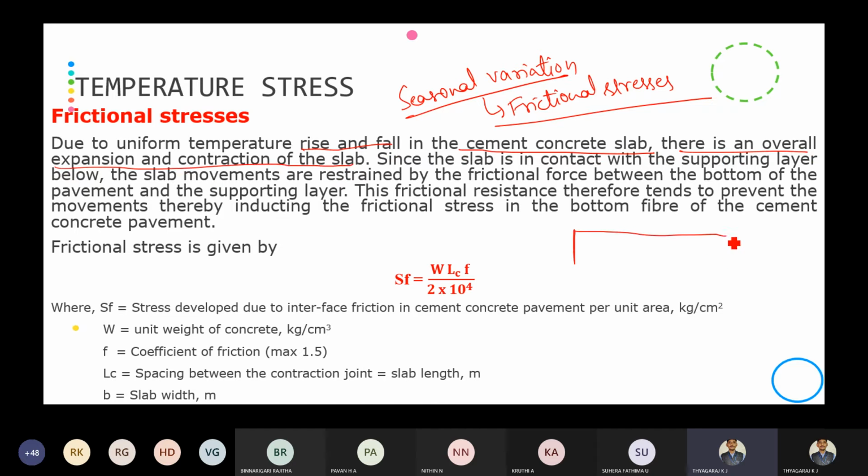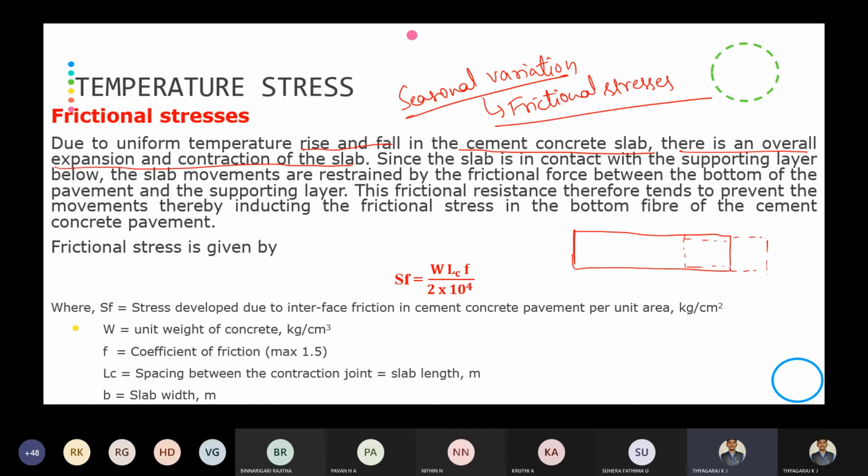So the slab may expand up to a certain degree, or it may contract up to a certain degree. Because of this seasonal variation in temperature, the slab may expand or contract.